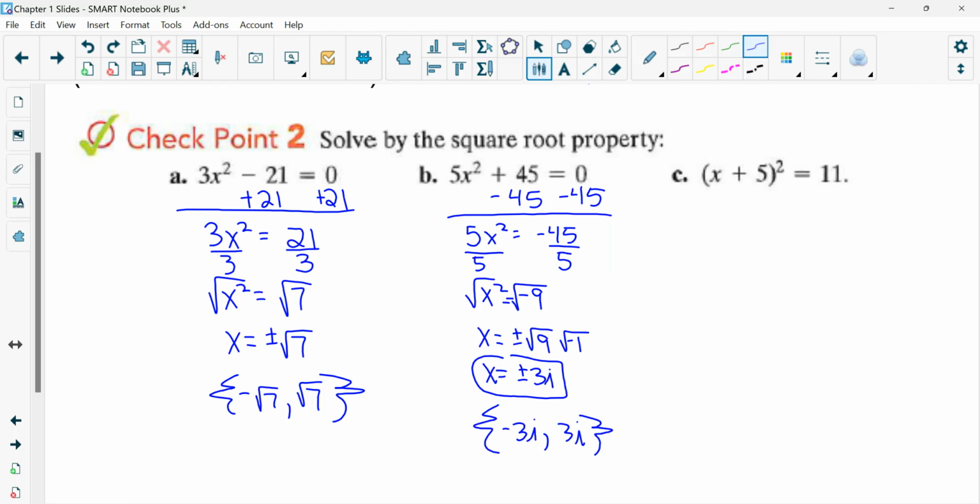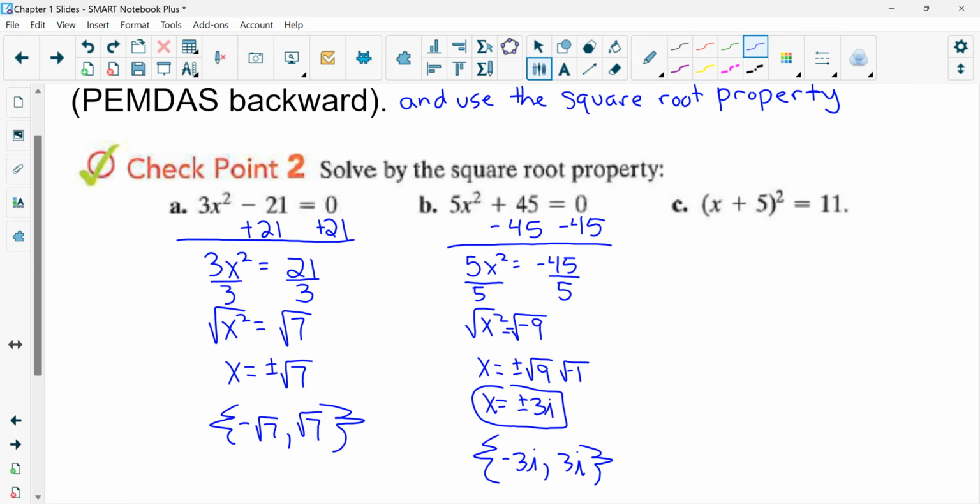So as we're thinking about PEMDAS backwards, is there anything added or subtracted we can get to right away for this problem, letter C? We see plus 5, but can we get into that right now? No. So I can't undo any addition subtraction currently. Is there any multiplication division I can undo? Nope. So now I look to undo my exponent.